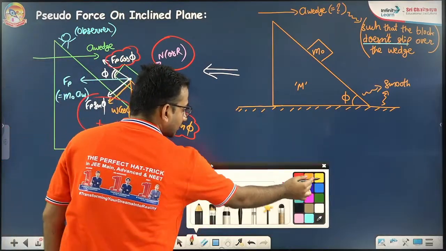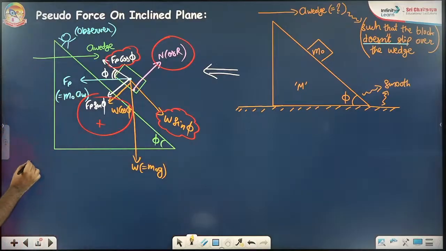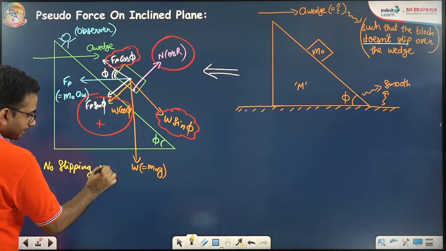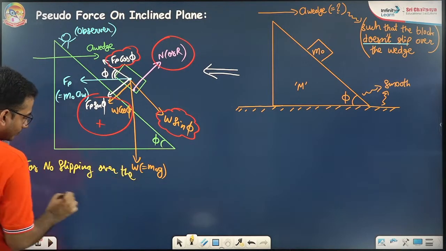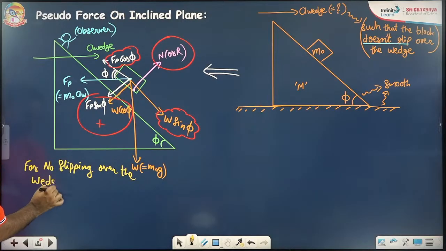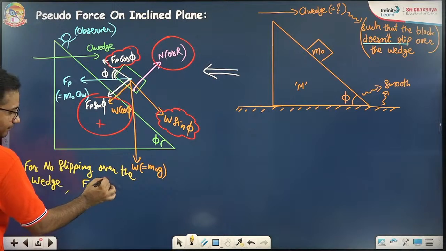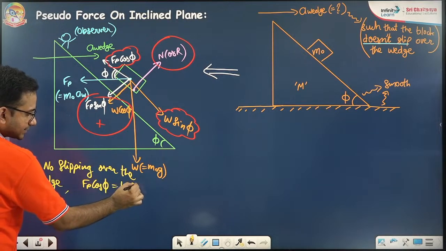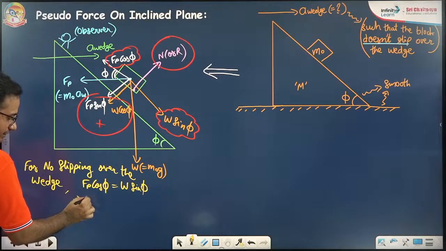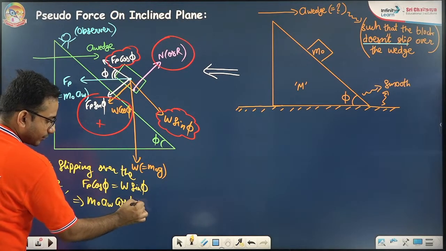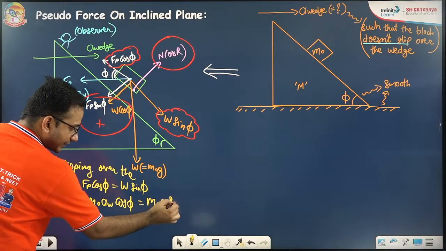So for no slipping over the wedge, your F pseudo cos phi must be equal to your W sin phi, which means m naught a_w cos phi will be equal to m naught g sin phi.